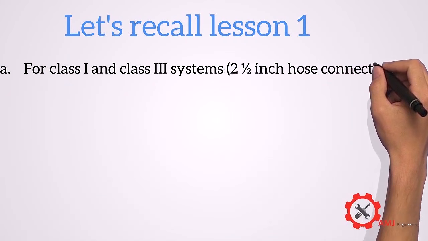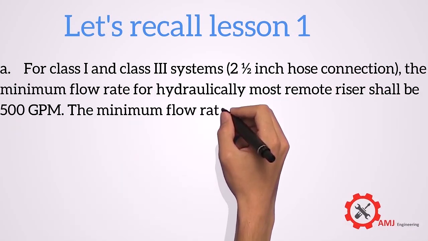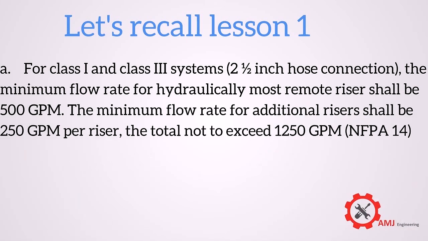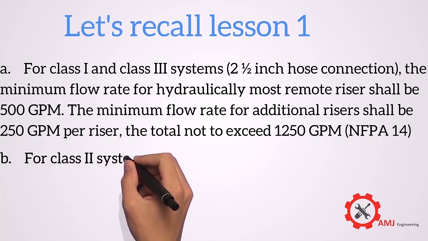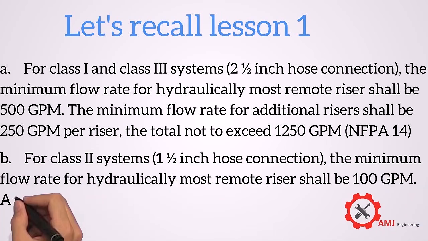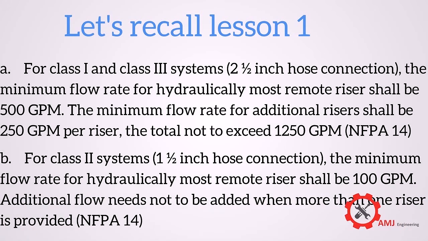First, for Class 1 and Class 3 systems, the required flow for hydraulically most remote riser is 500 GPM. And all other risers shall be 250 GPM per riser, with total flow not to exceed 1250 GPM. Second, for Class 2 systems, the required flow is 100 GPM, no matter how many riser we have.